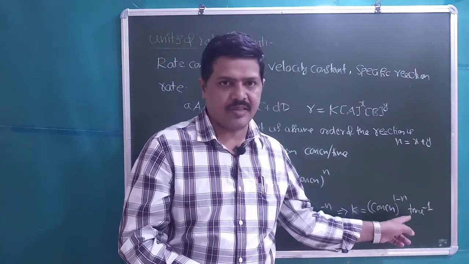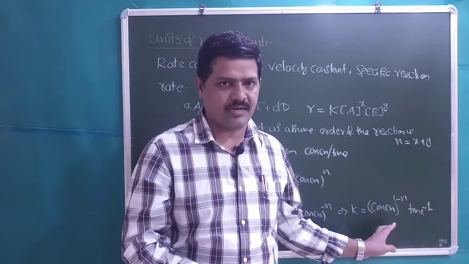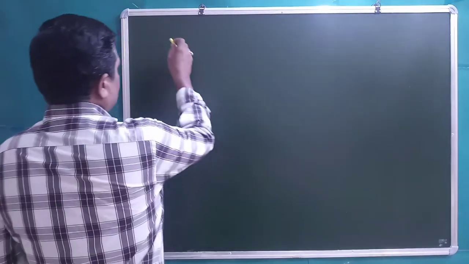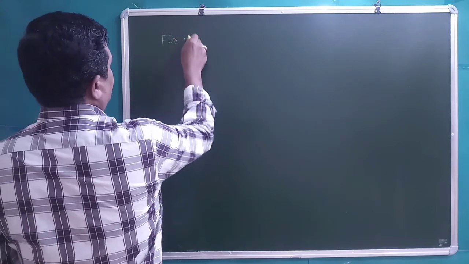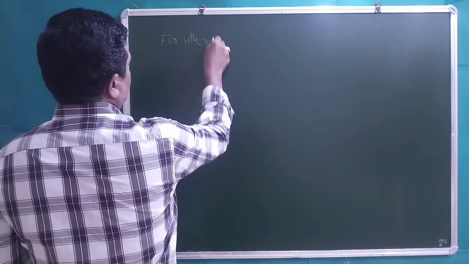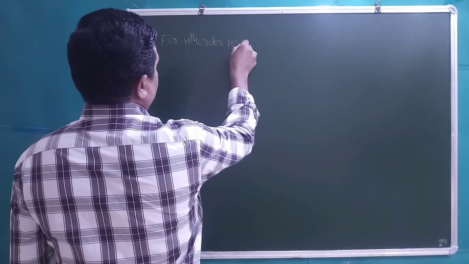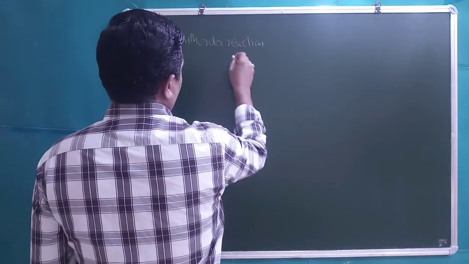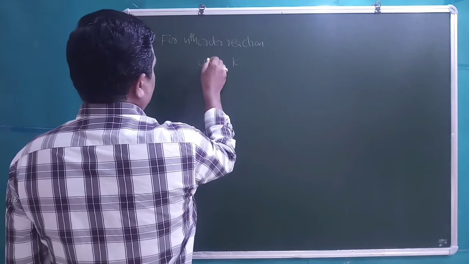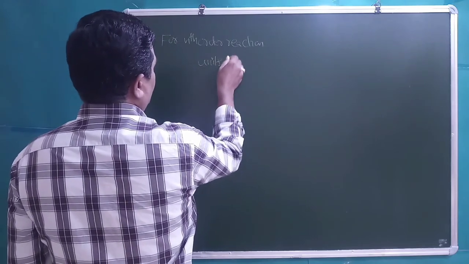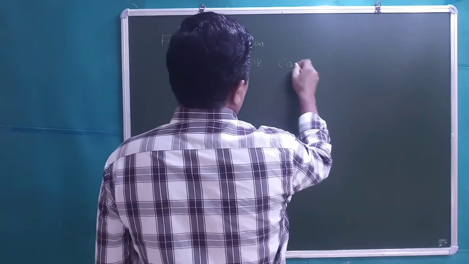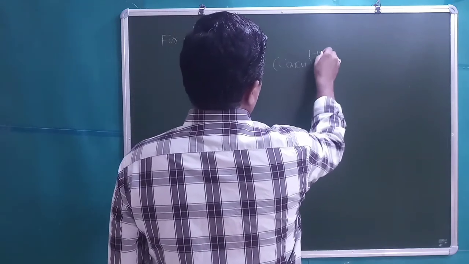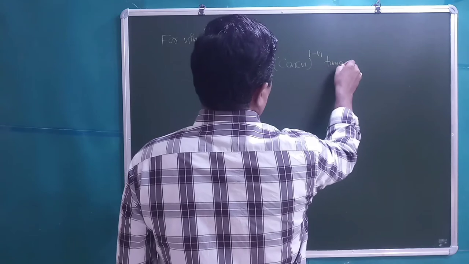Now let us take the zero order, first order and second order reactions. For an nth order reaction, the units of K are concentration power 1 minus n, time inverse.